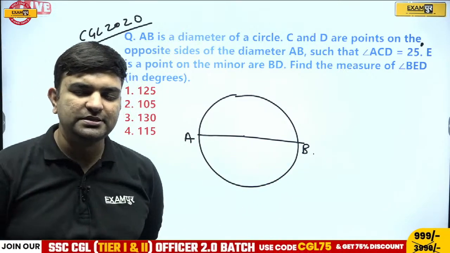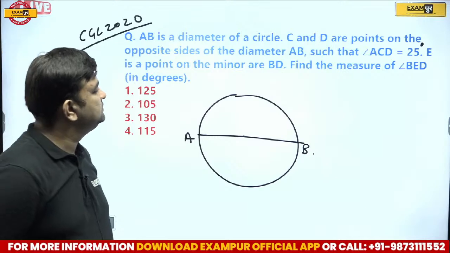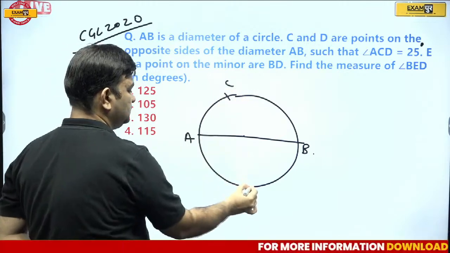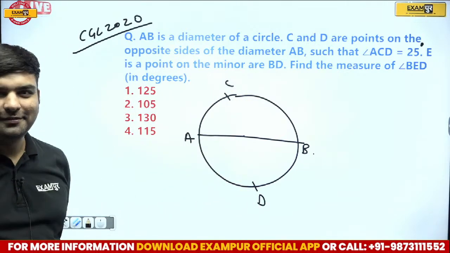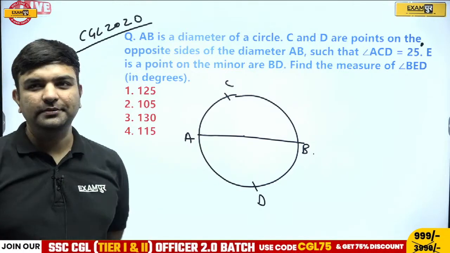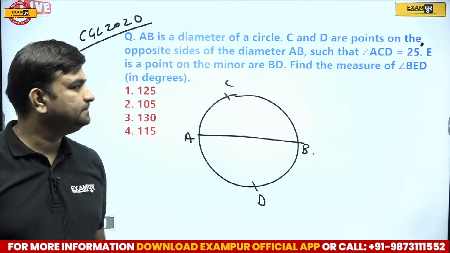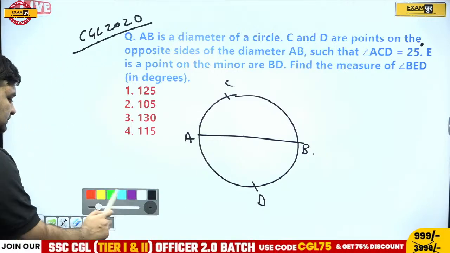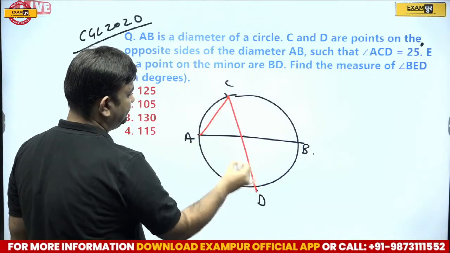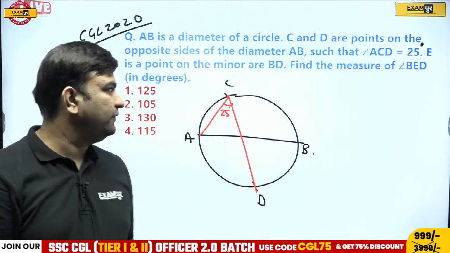AB is the diameter of the circle. Just do it, guys. C and D are the 2 points on the opposite sides of AB, such that angle ACD is 25.